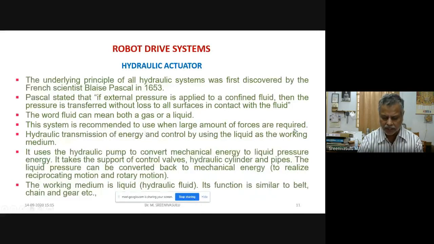This you can imagine, heavy vehicles, like heavy earth digging vehicles, bulldozers or whatever it is, even the tractor when you try to refer, they are all taking the support of these hydraulic actuators.